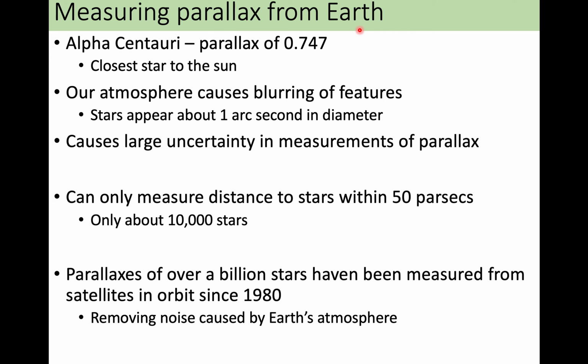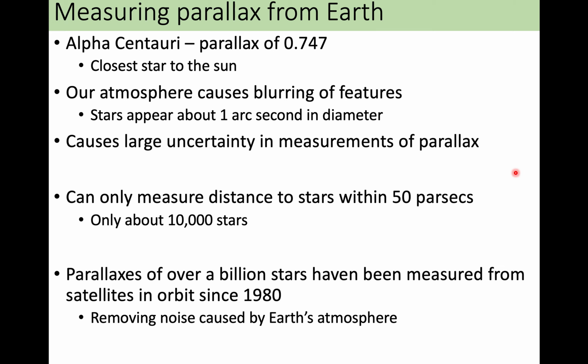So using this method, we can really only measure the distance to stars that are within about 50 parsecs of Earth. This is only about 10,000 stars. It's still a lot of stars, but compared to all the stars in the universe, it's small. Otherwise, it's too blurry to get a good reading or to take valuable measurements.